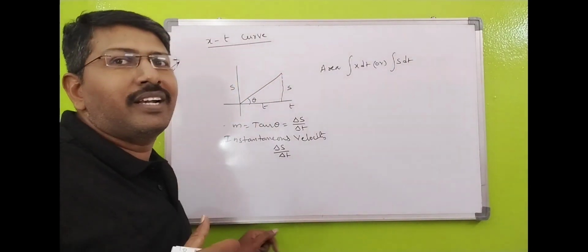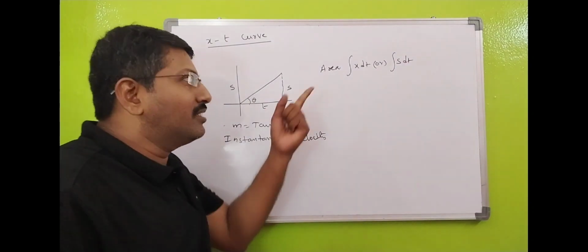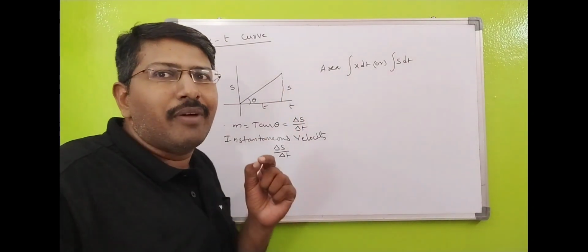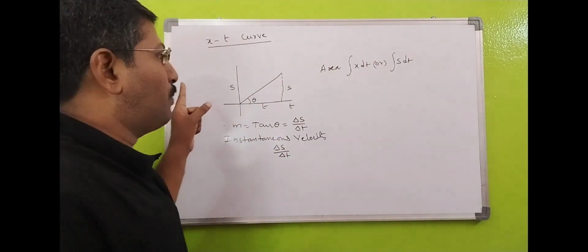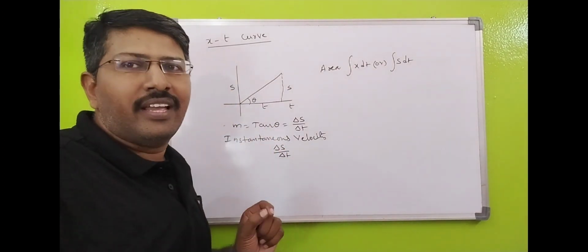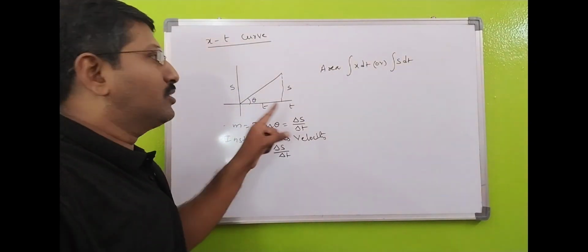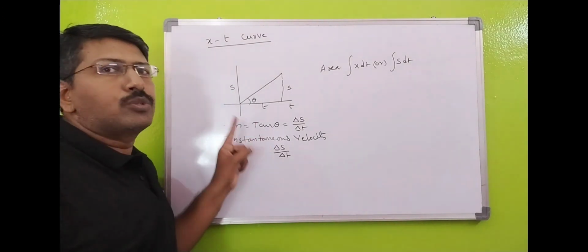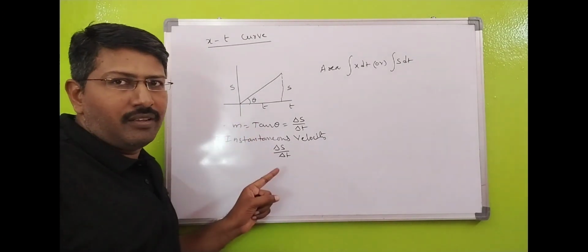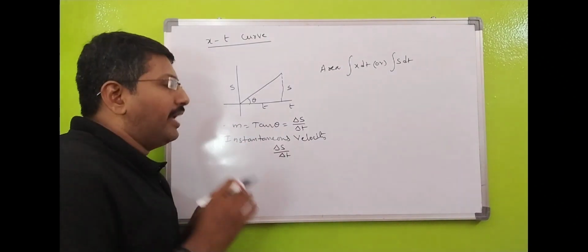What is the meaning? No meaning, it is meaningless. If anybody asks what the area between displacement and time is, you say it is a meaningless question. Understand? Because in a graph drawn between displacement and time, the slope represents velocity, but the area is meaningless. Okay. Next.